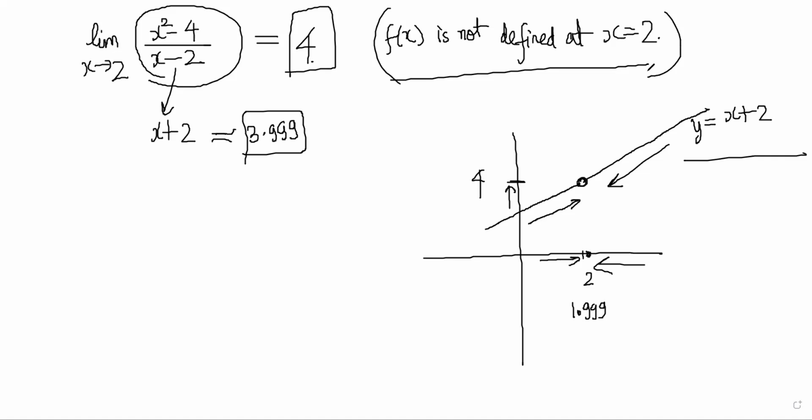So it is okay for a function to have a limit at a point where it is not really defined, because limit actually means the tendency in the neighborhood of that point, not the actual point. So here the limit will be called 4 because from both sides you are approaching the same value of 4, right?